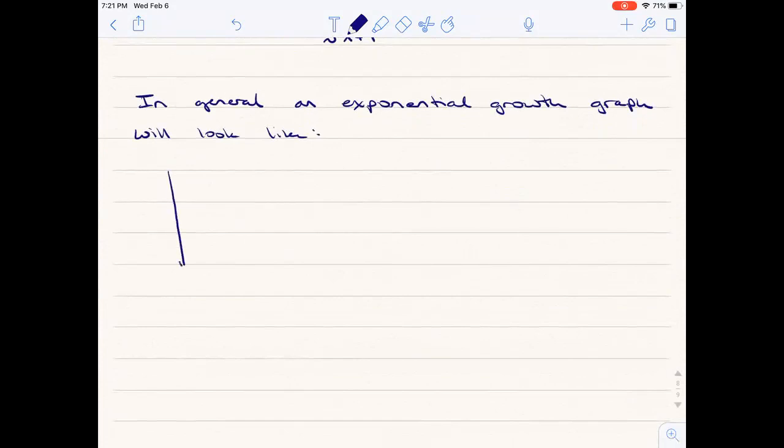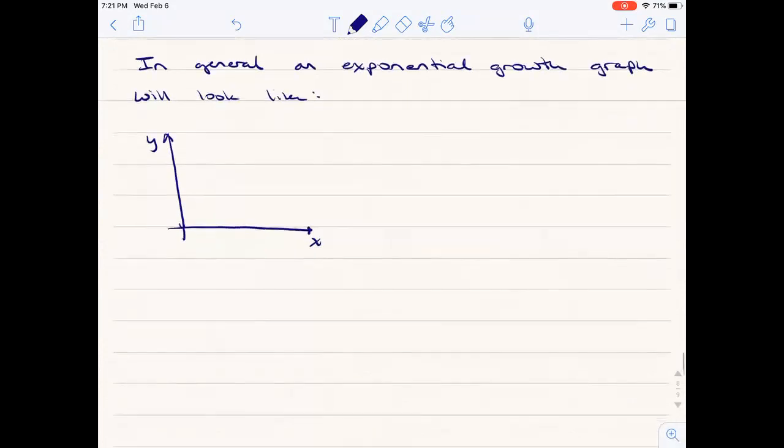You've got your X and your Y axes, and it'll start kind of looking like so, and then all of a sudden it just increases. It's slow, slow, slow, and then as soon as it starts picking up, it just shoots up. So that's exponential growth.